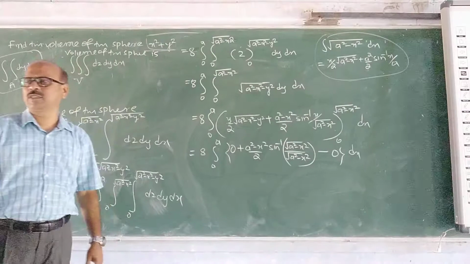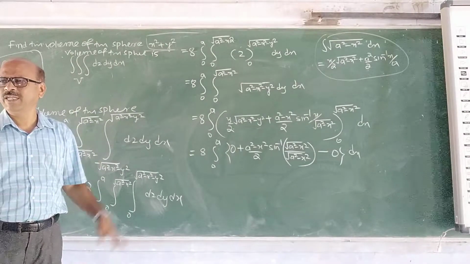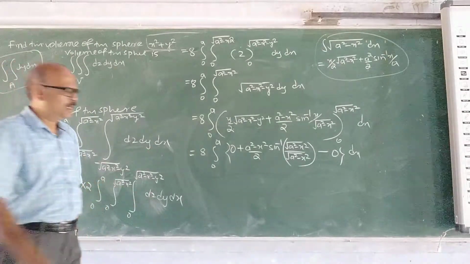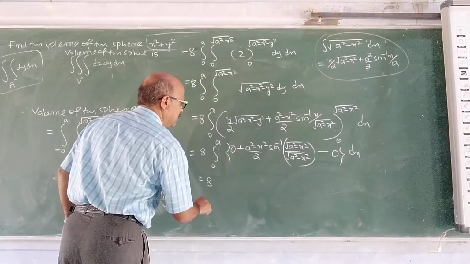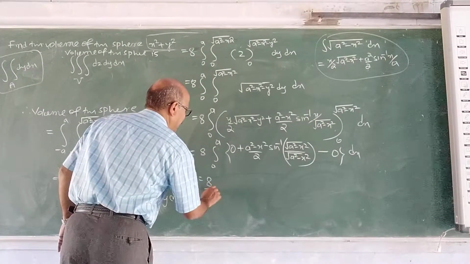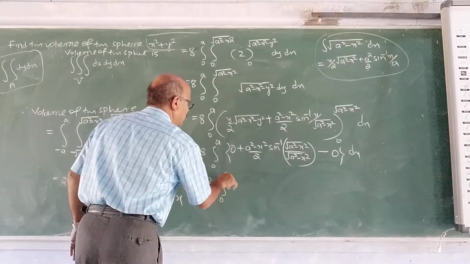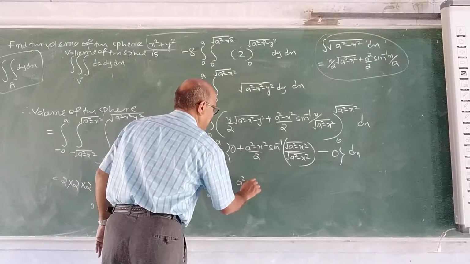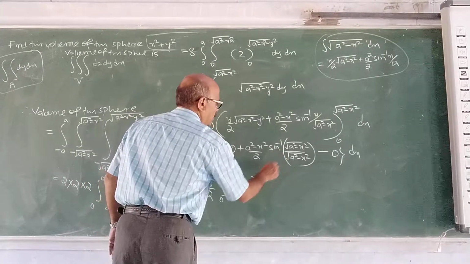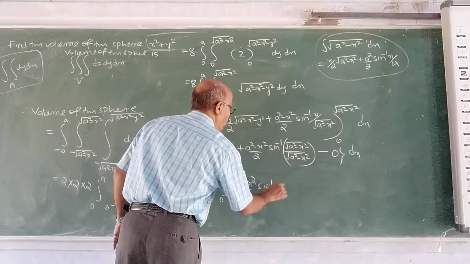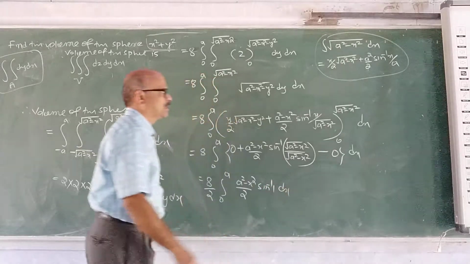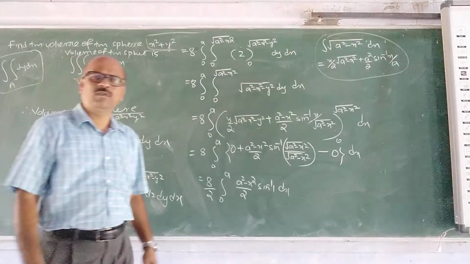Any doubts here? So it is, or I take 8 by 2, 0 to a, square minus x square by 2 sin inverse of 1 with respect to x. Sin inverse 1.